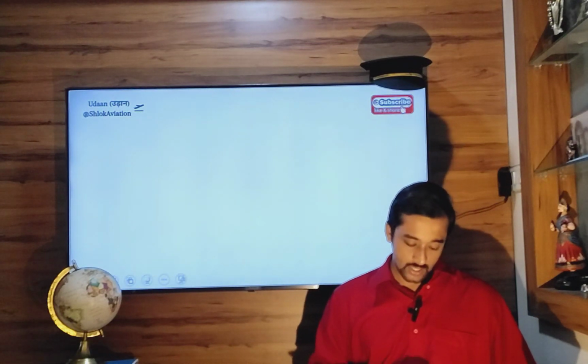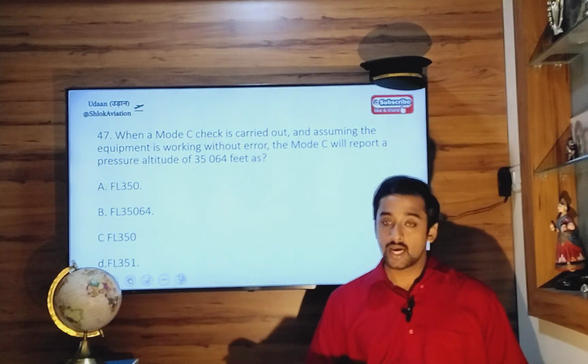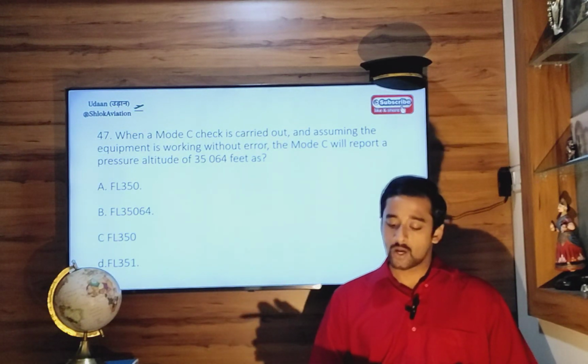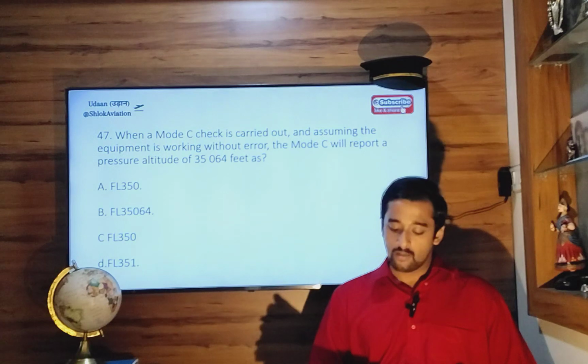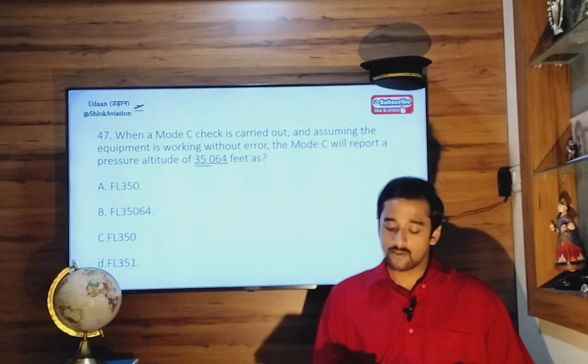Next, 47. When a mode C check is carried out and assuming equipment is working without error, the mode C will report a pressure altitude of 35,064.